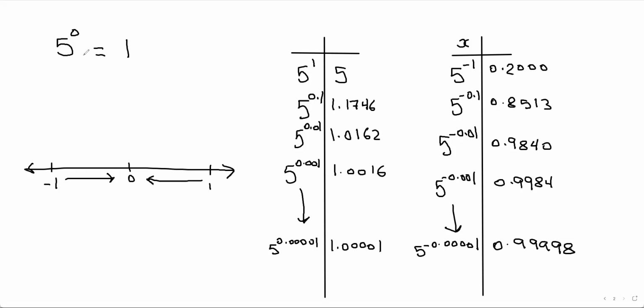So as we get closer to 0 on the exponent, we're going towards 1 from both sides. And that's why 5 to the power of 0 simply equals 1. And these are 3 approaches that I've shown you how to prove that any number to the power of 0 would equal 1, with the exception of 0 to the power of 0.